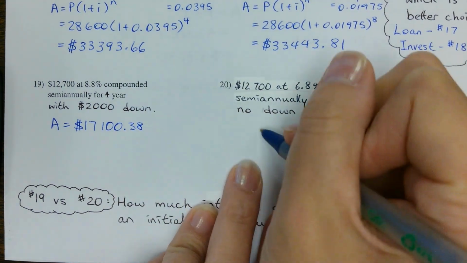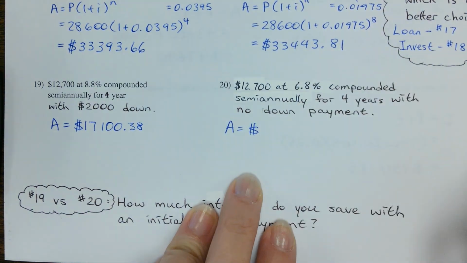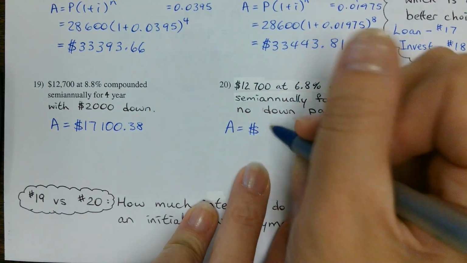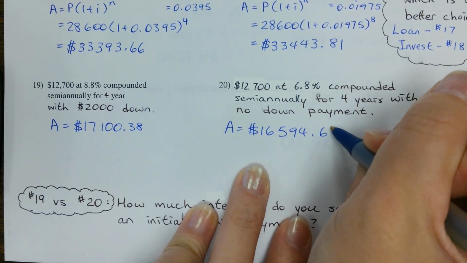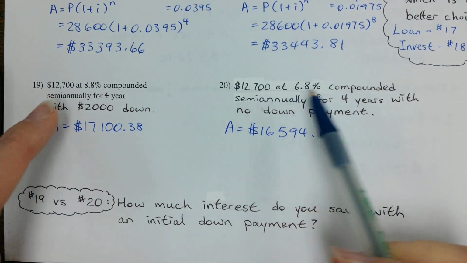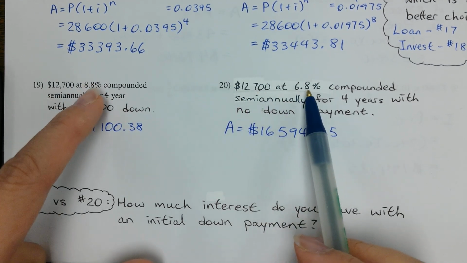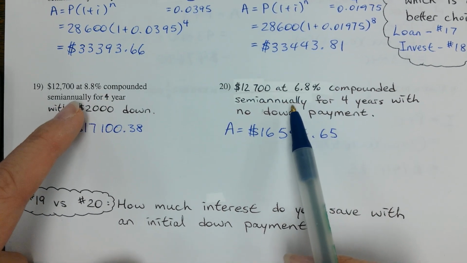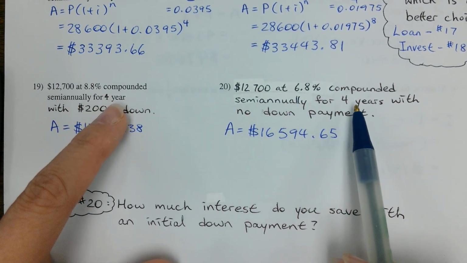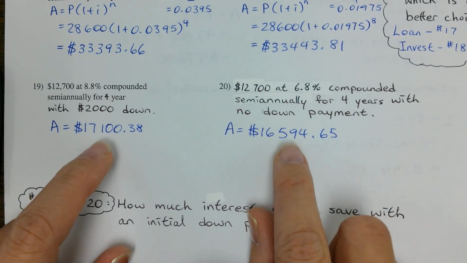Okay, and Brianna, can you give number 20 as well? 15,594.65. Okay, so difference between 19 and 20. Same amount, same principal, lower interest rate. And both are compounded semi-annually for 4 years.